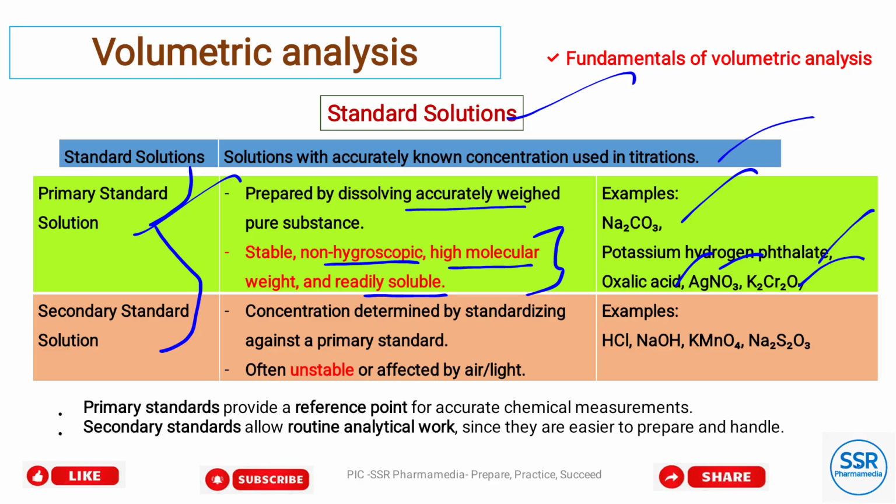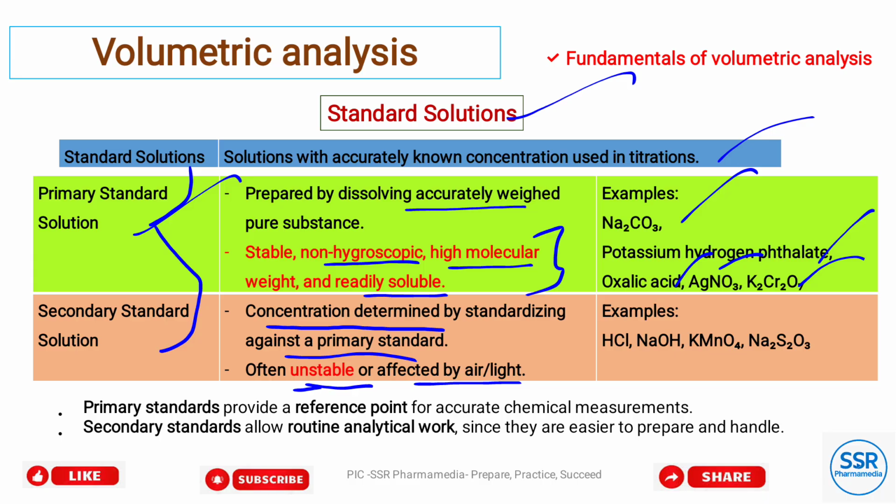And what is meant by a secondary standard solution? A secondary standard solution is one whose concentration is determined by standardizing against a primary standard. Often it is unstable or affected by air and light.